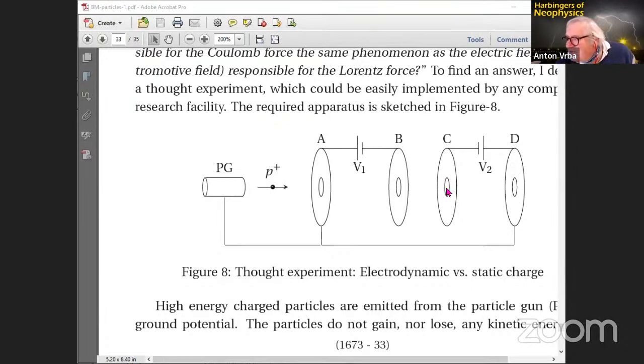Then from C to D, it gets decelerated because now the polarity is opposite to A to B. So I'm basically putting current back into V2.